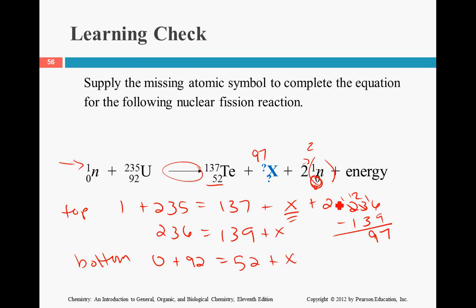It's a 0 down here, so 2 times 0 is 0. So 92 minus 52 is 40. That's going to be our x. So you will look on the periodic table to figure out what 40 was, and that actually ends up being Zr.